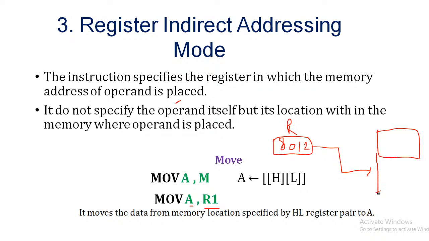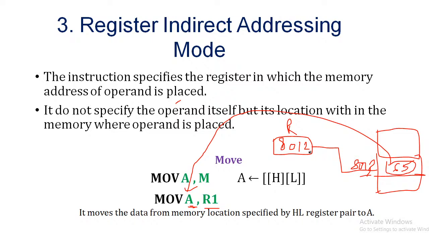The location of memory will be 8012, and whatever is there, suppose 65, this value will come to this A. Register indirect means the register content will have the memory address, and that memory address is basically the effective address that will contain the operand value, and that operand value will be moved to the accumulator A, not the direct 8012.